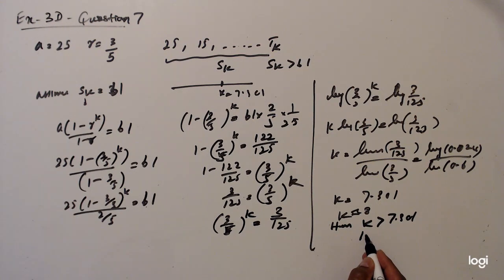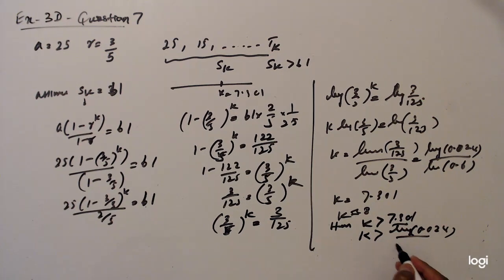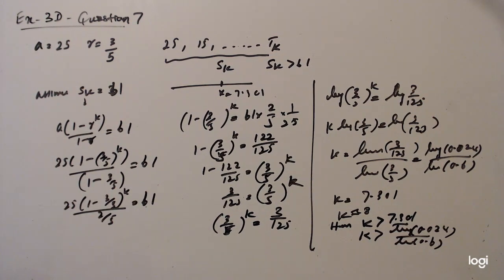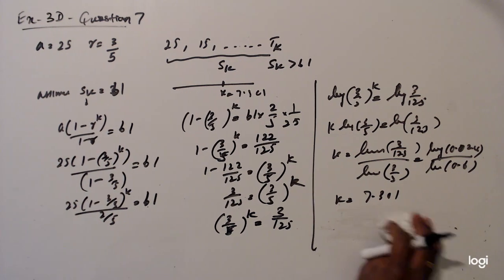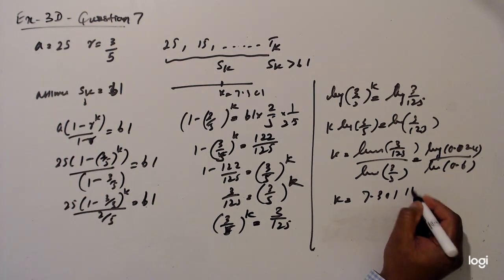This value means log 0.024 over log 0.6. Or you can get this approach, k equals 7.301.